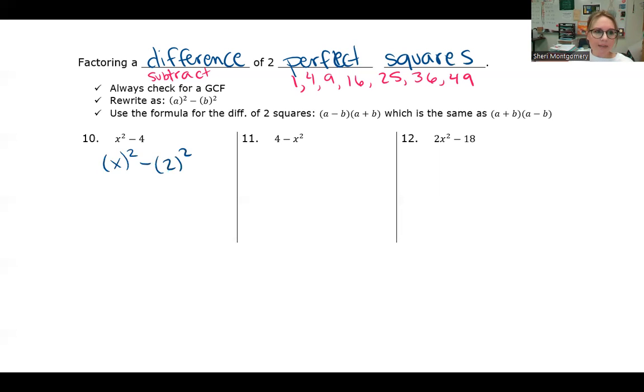Once you write it in this format, you have two somethings. You have this and you have this. When you have something squared minus something squared, we're going to set up two parentheses.